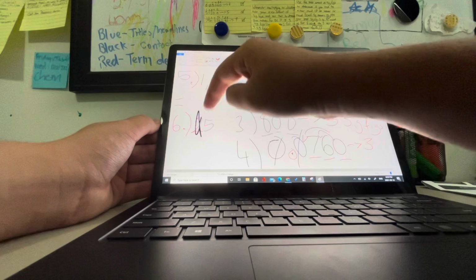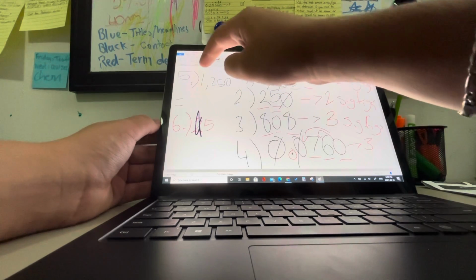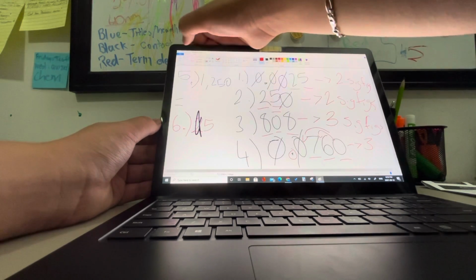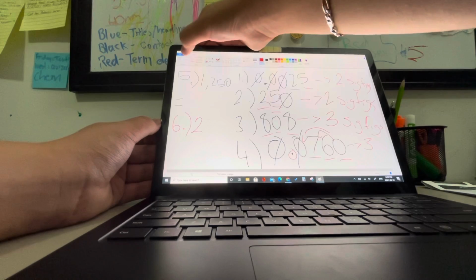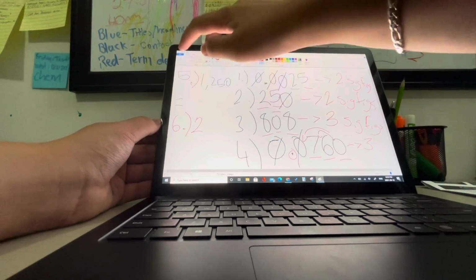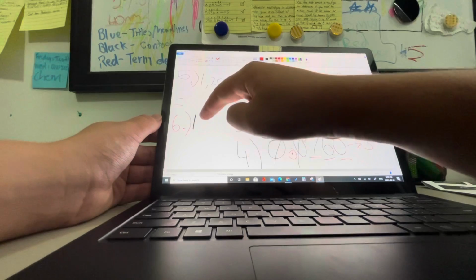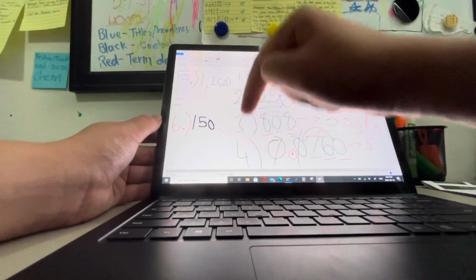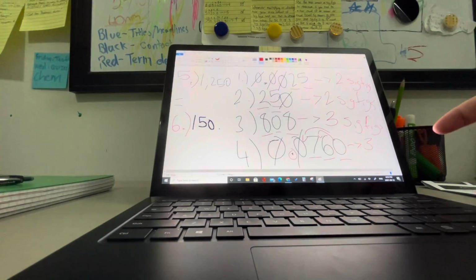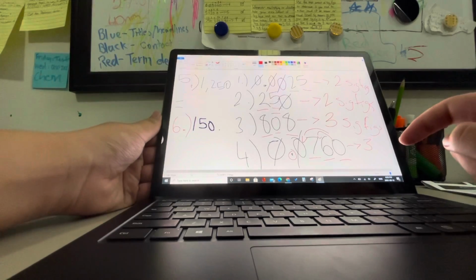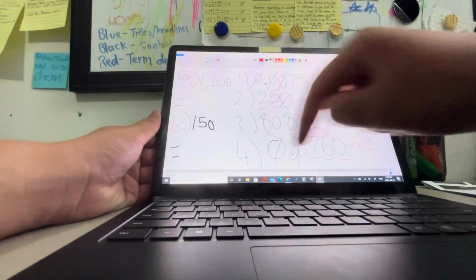Whoops, that totally messed up my writing. Redo. There we go. Okay, so my number is going to be 150 decimal point. Moving on to number 5, let's see what that is going to be.